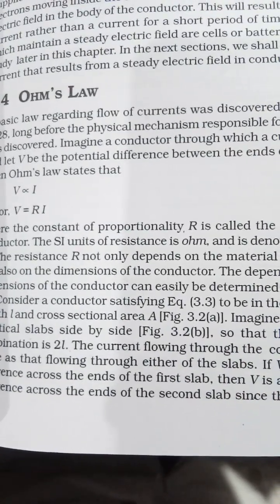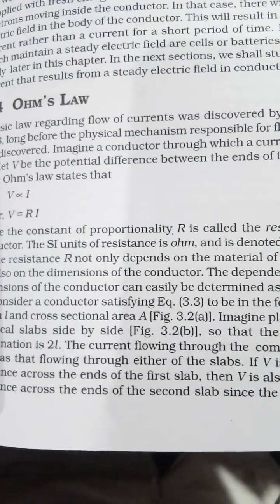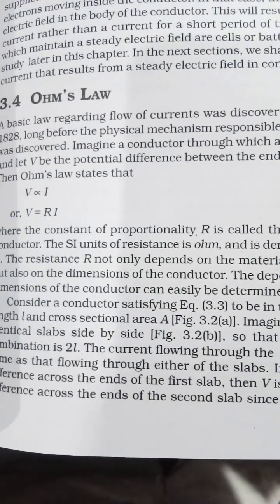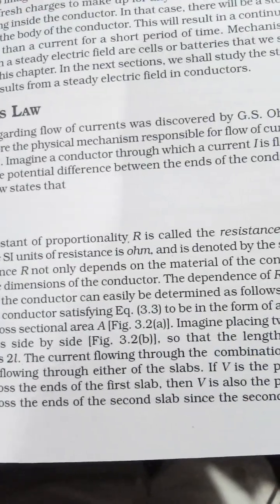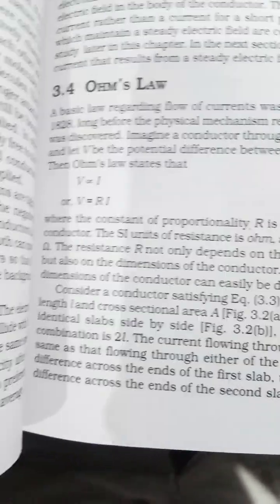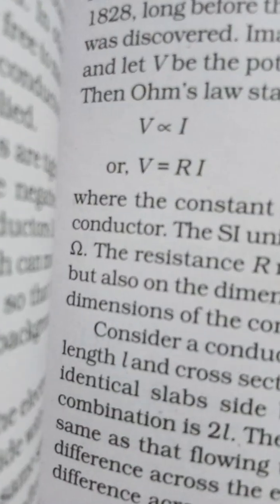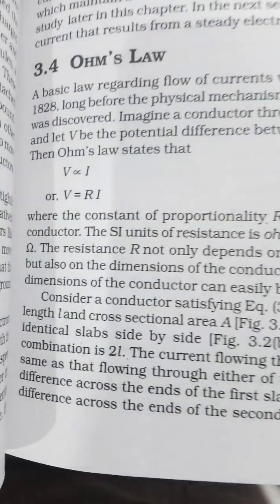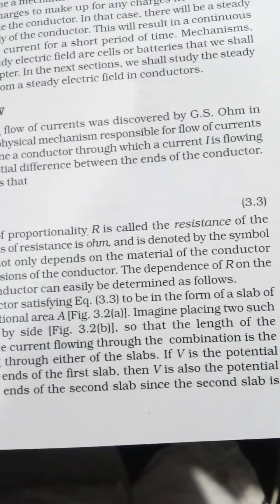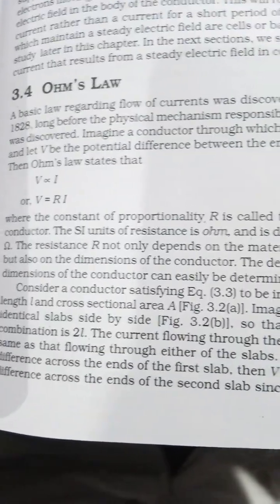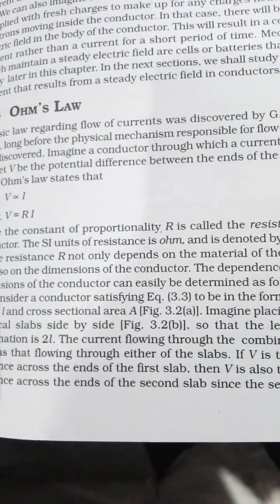The SI unit of resistance is ohm, denoted by the symbol you see here. The resistance R not only depends on the material of the conductor, but also on the dimensions of the conductor.